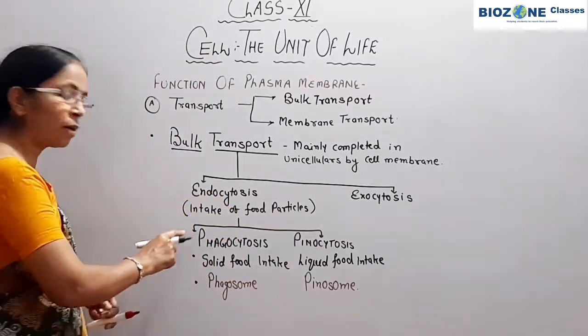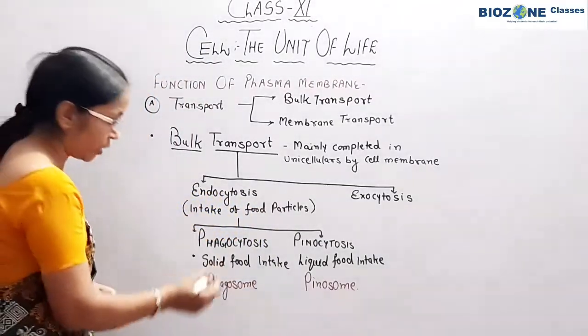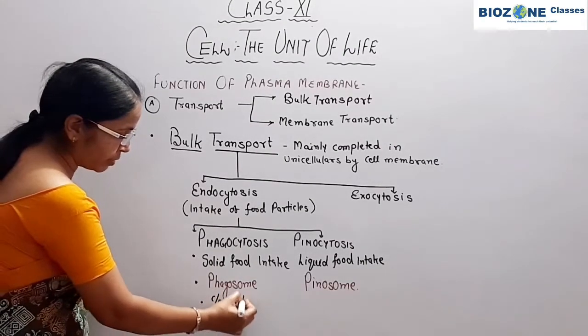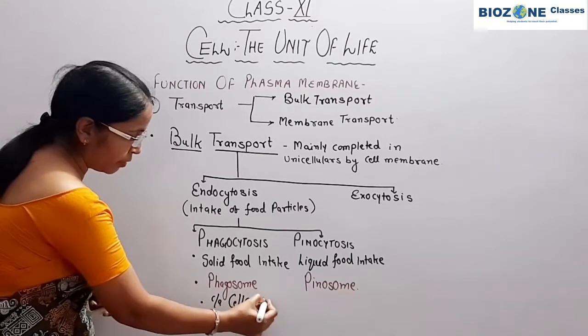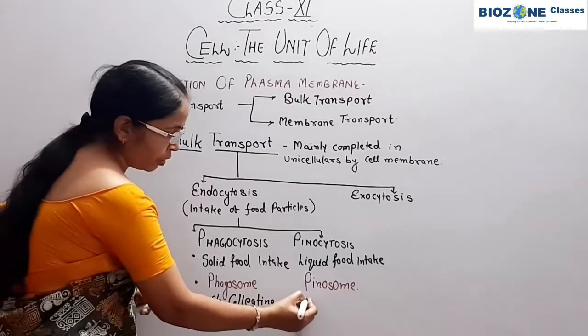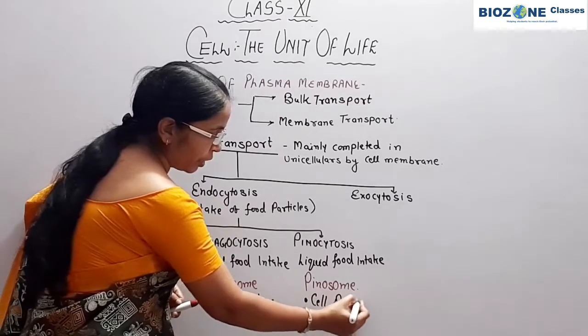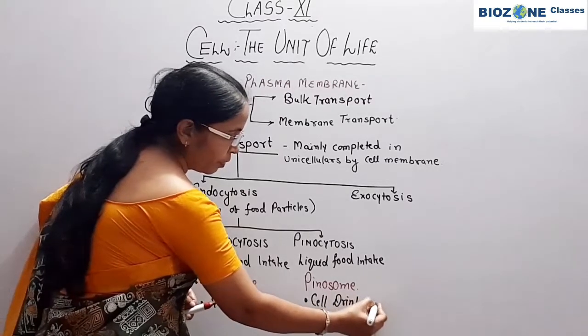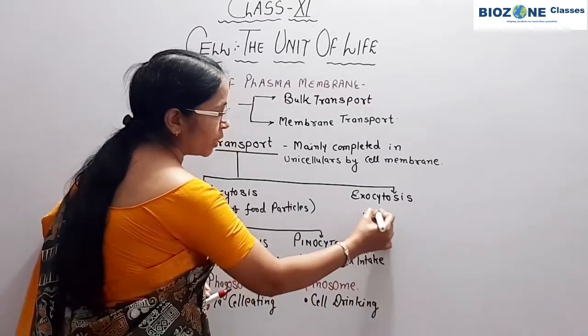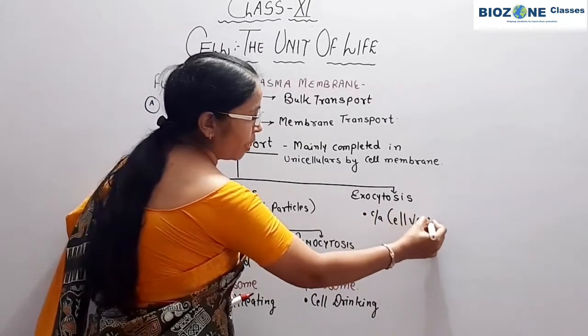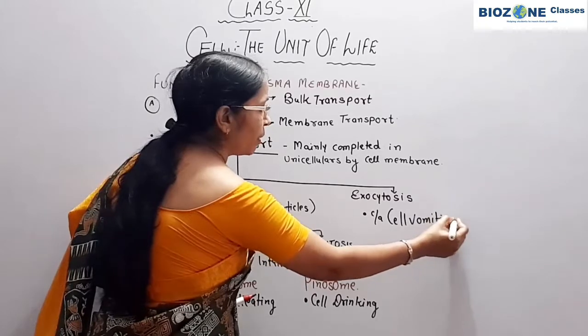Some common terms again we use: phagocytosis is also called cell eating. Pinocytosis is called cell drinking, and exocytosis is commonly called cell vomiting. This part you remember.